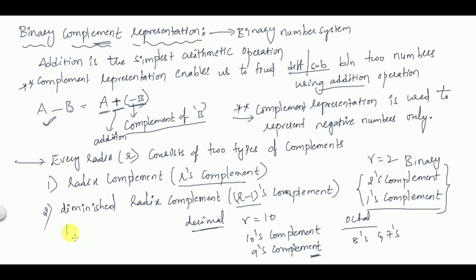Similarly, the hexadecimal number system will have 16's complement and 15's complement. We'll see all the number system complement methods in my successive videos. In this video we'll learn about binary complement representation.